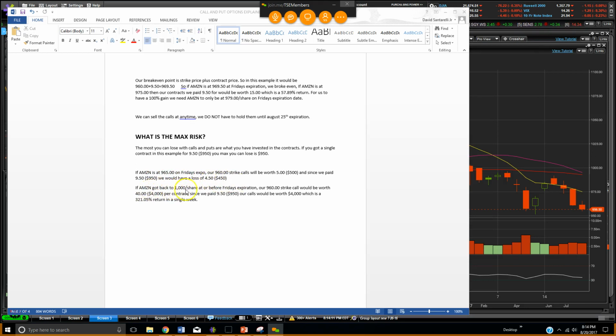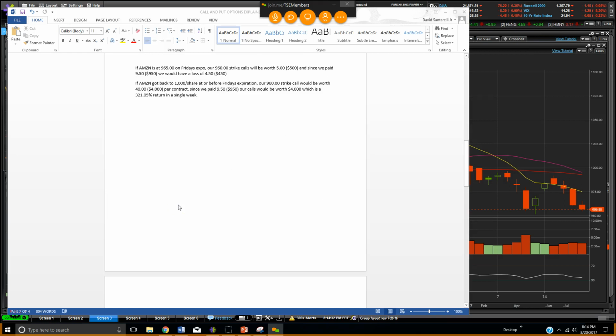If Amazon got back to $1,000 a share at or before Friday's expiration, our 960 strike call would be worth $40, $4,000 per contract. And since we paid $9.50, which is $950, our calls would be worth $4,000, which is a 321.05% return in a single week.